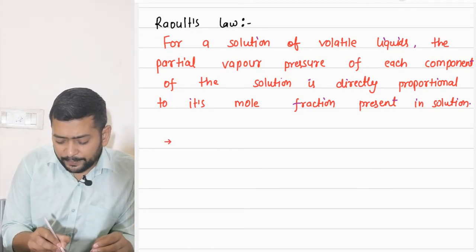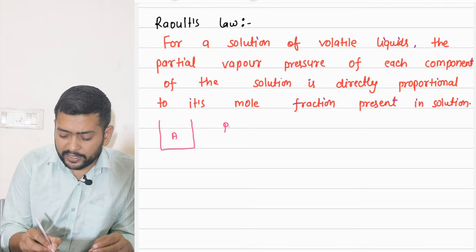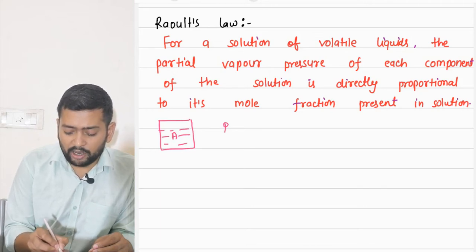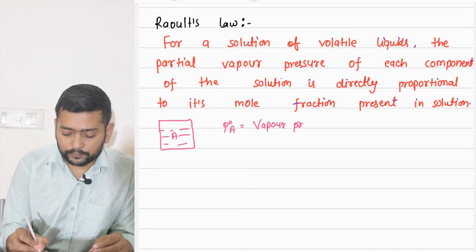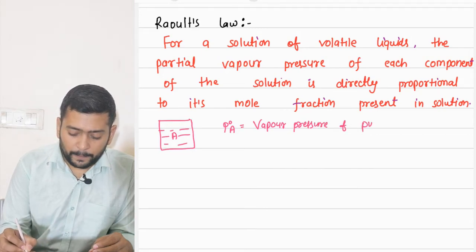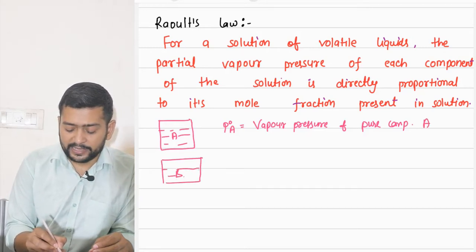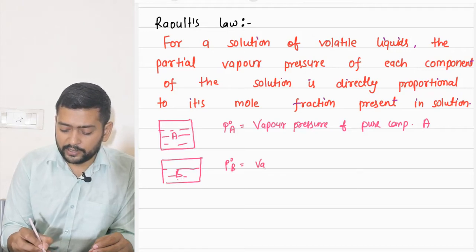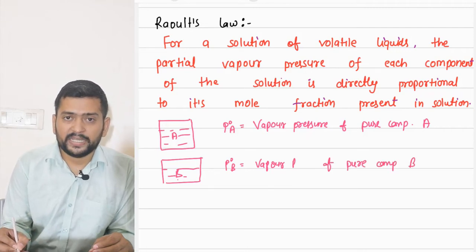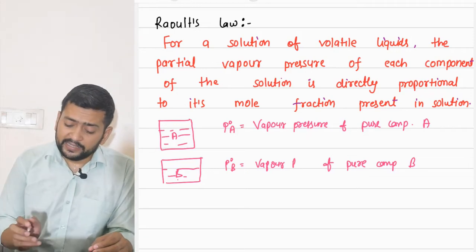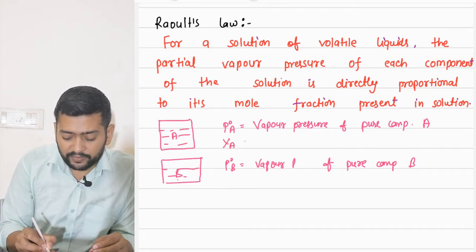For example, let's say first of all you have one component, A. If only A is present, the vapor pressure of A will be P naught A, which is the vapor pressure of pure component A. If I have the second component B, P naught B will be the vapor pressure of pure component B. If only one component is present, the mole fraction at that point is 1.